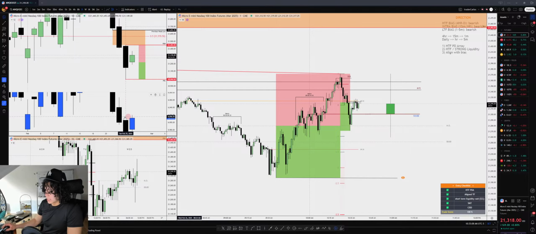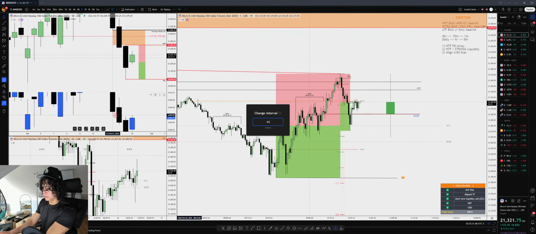I didn't notice how strong ES was today. I didn't notice how ES already took this high out until we started coming back down. Let's go to the 4-hour.